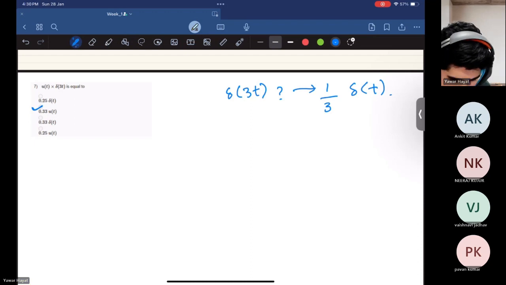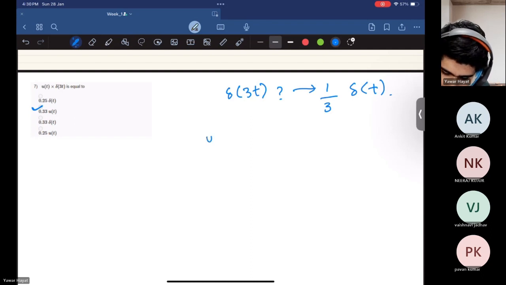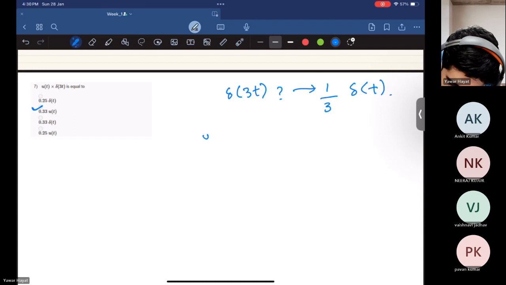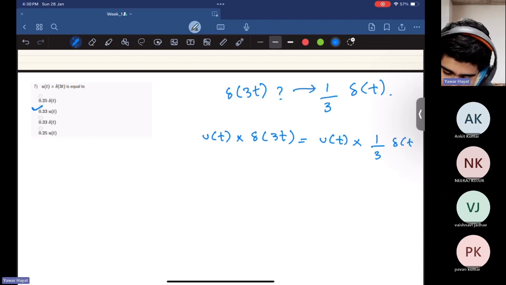So now u of t times delta of 3t is u of t times 1 over 3 delta of t, right?